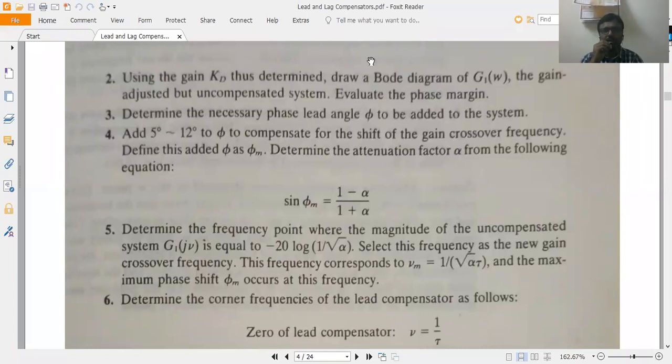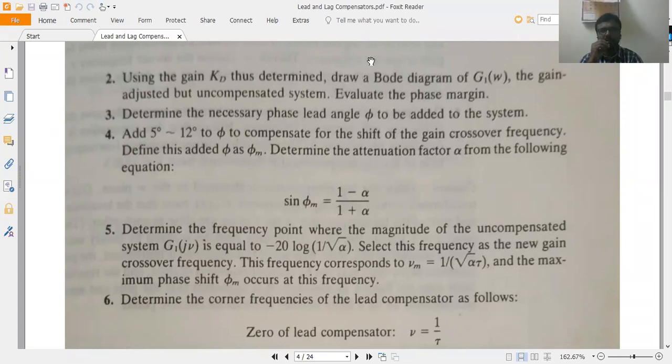That means the frequency point has to be calculated where the magnitude of the uncompensated system G1 of jω is equal to minus 20 into log of 1 by root alpha.